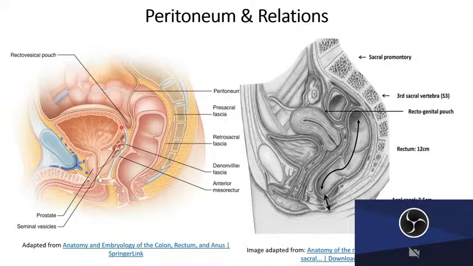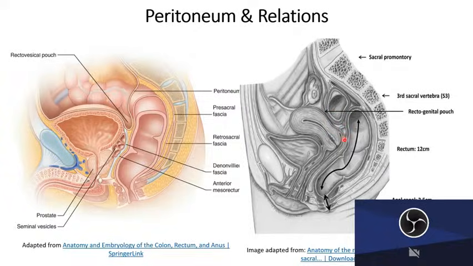You can clearly see between the rectum and the vesica, the vesica referring to the bladder, this pouch is between the rectum and the bladder. So it's called the recto-vesical pouch. For the female, it's the same thing.